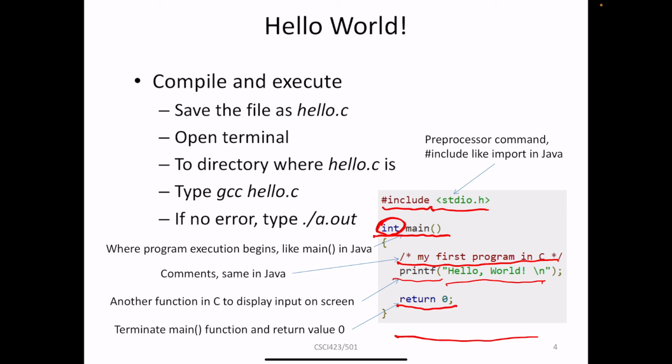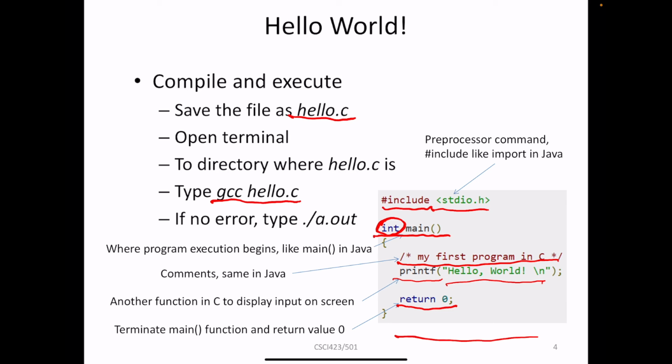I suppose you already have the C programming environment ready, either with a real Linux operating system or by installing Linux on a virtual machine. After you save this C source code on your computer as a hello.c file, you can open the terminal, locate the hello.c file, and compile it with the command gcc hello.c.